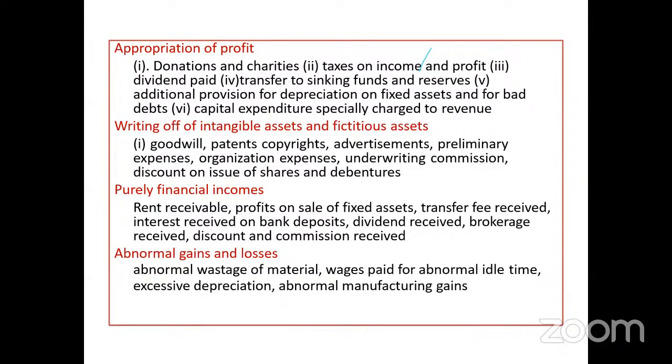Sometimes it also pays some amount as dividend, some amount as interest to the debenture holders. Again, additional provisions for depreciation on fixed assets or bad debts, capital expenditure, etc. In this way, the company or business can segregate its profits.